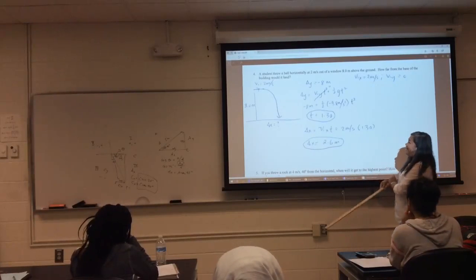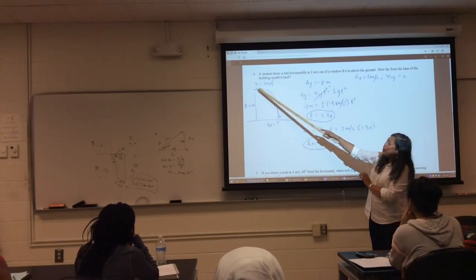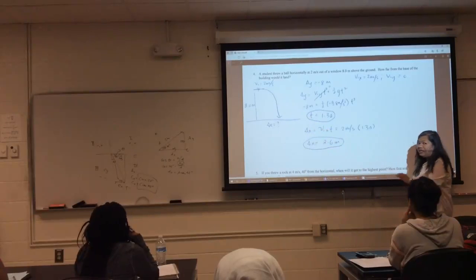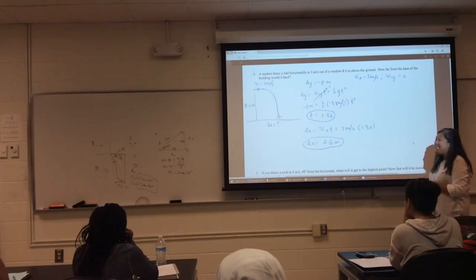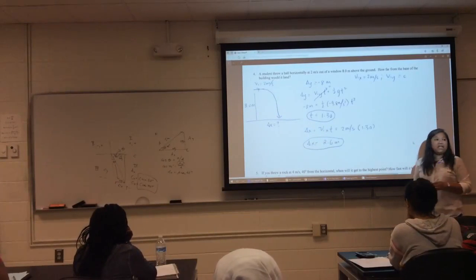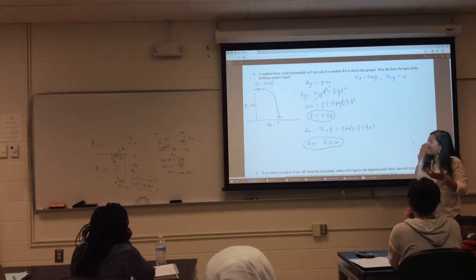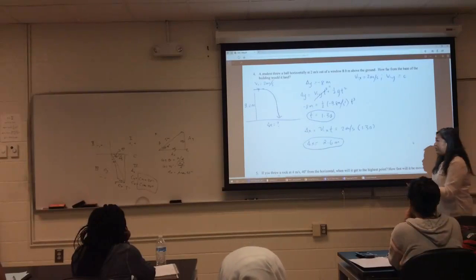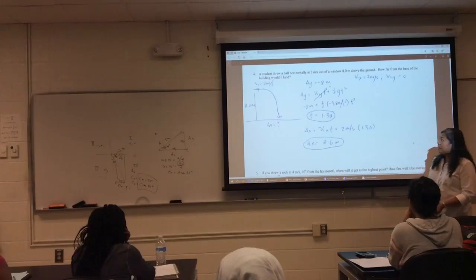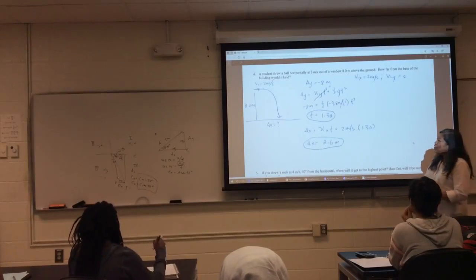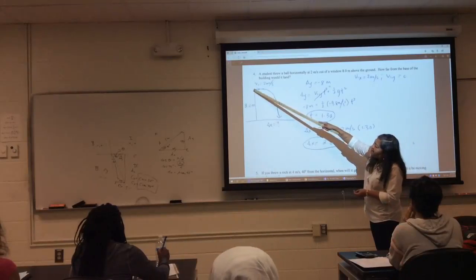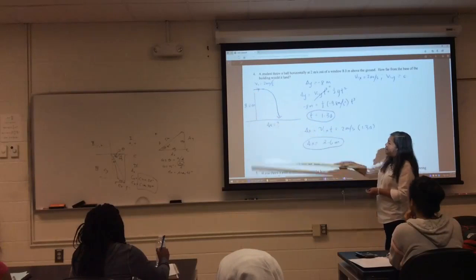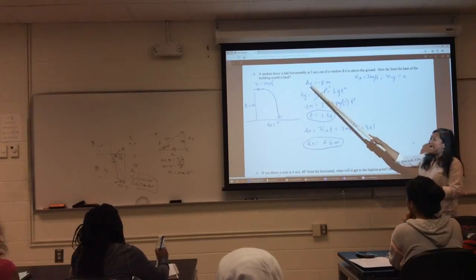So we said that the motion of this object projected horizontally, that y motion, is similar to just dropping an object, okay? And we already know how to solve for how long it will take an object to hit the ground if you just drop it. That makes sense, okay? So if I look at my given value, 8 meters is a displacement along the y-axis.